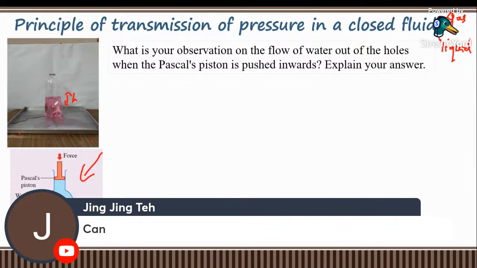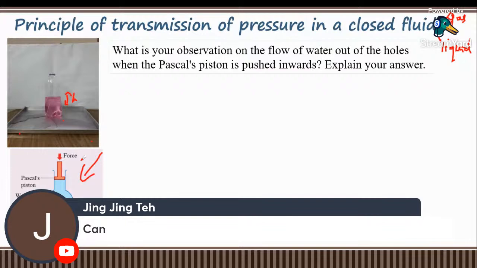So water rushes out at the same speed. So poke some holes. Okay, and this one is the piston. Apply force when the piston is pushed. Okay, water cannot be compressed, thus it will come out from the holes here, spurt out.